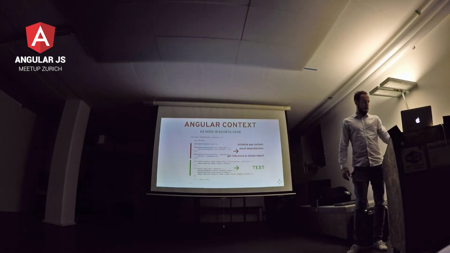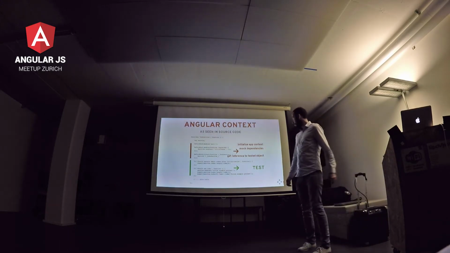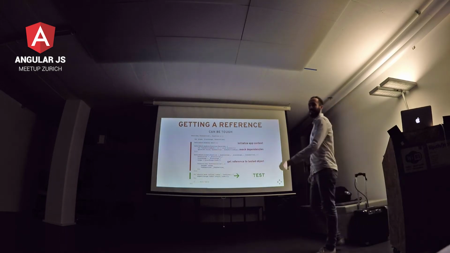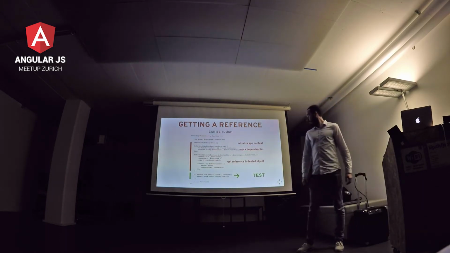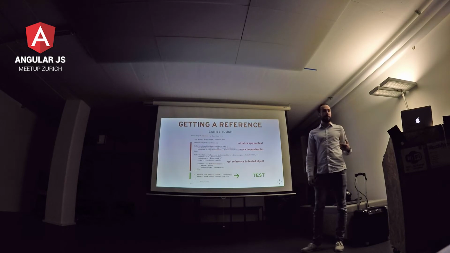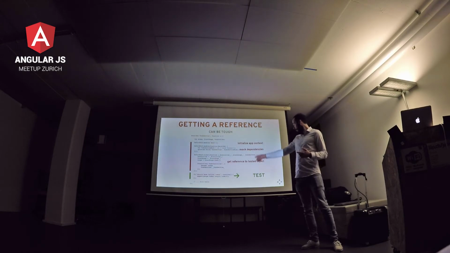But let's look at what happens with the controller. So there is even more Angular. In the case of the controller, it gets even worse. If you want to get a reference to the controller you've written and registered in Angular, you have to at least inject $controller.